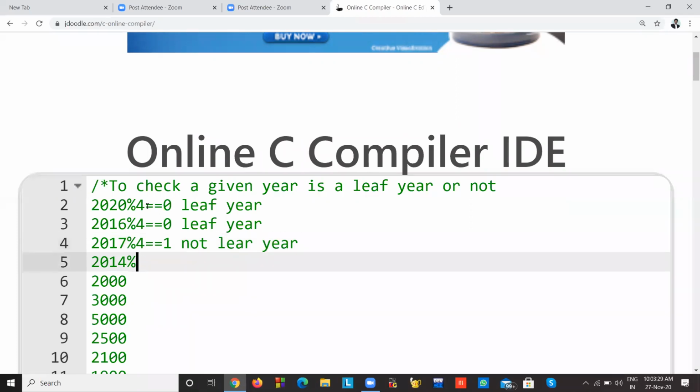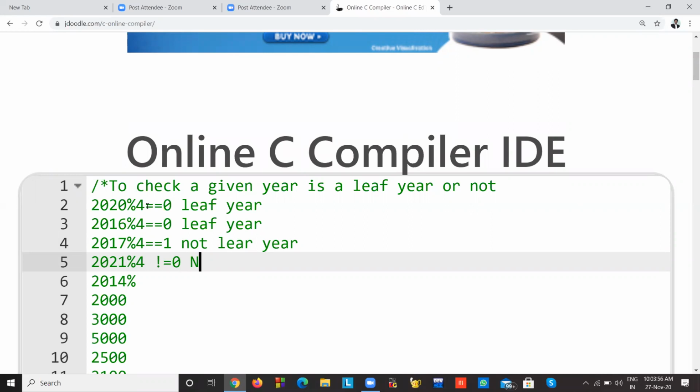You joined BTech in a non-leap year, 2017, and you will pass out in 2021. 2021 is also a non-century year. Divide with 4. Here also the remainder is not equal to 0.